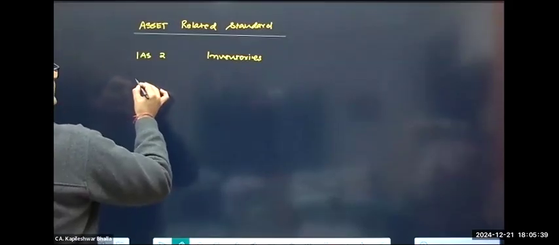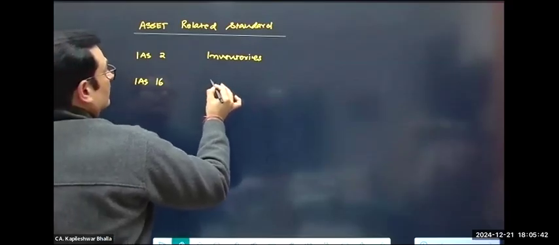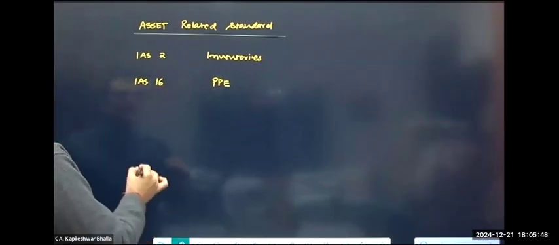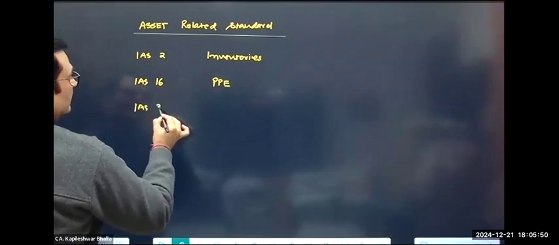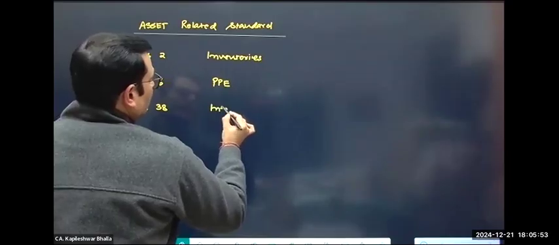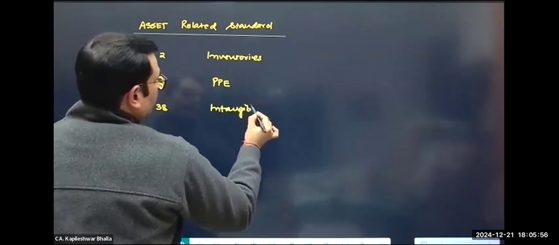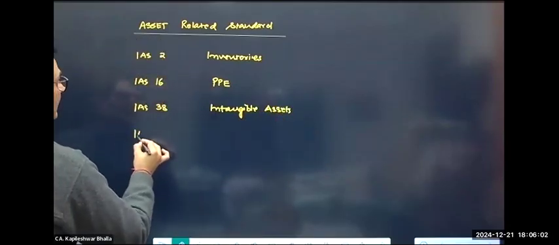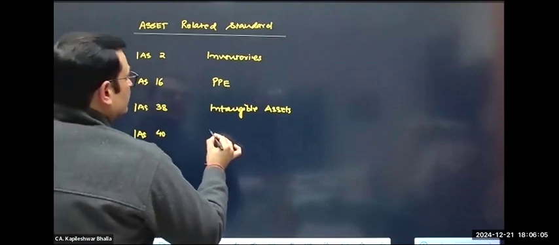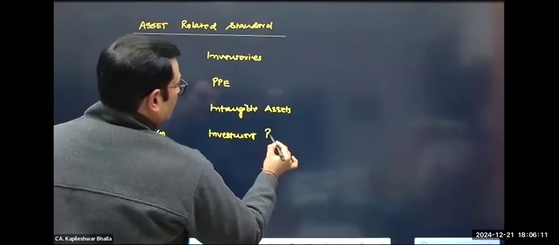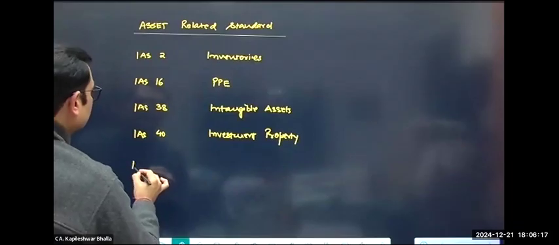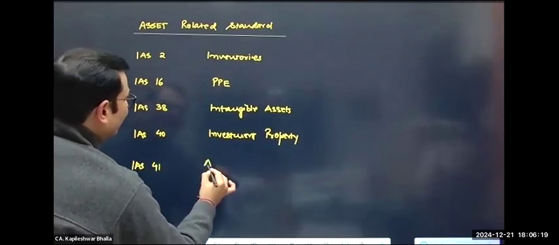And then we're going to go to the next standard, that is IS 16, called property, plant, equipment, PPE. And then we're going to go to IS 38, that's intangible assets. And then we've got IS 40, that is investment property. And then there is another standard, IS 41, that is agriculture.